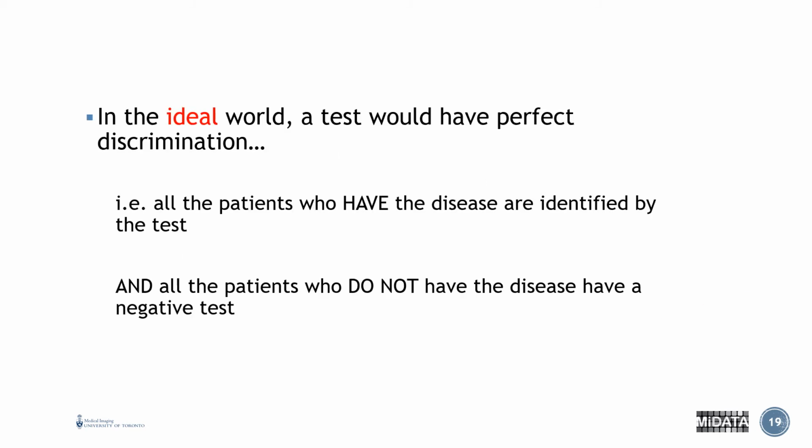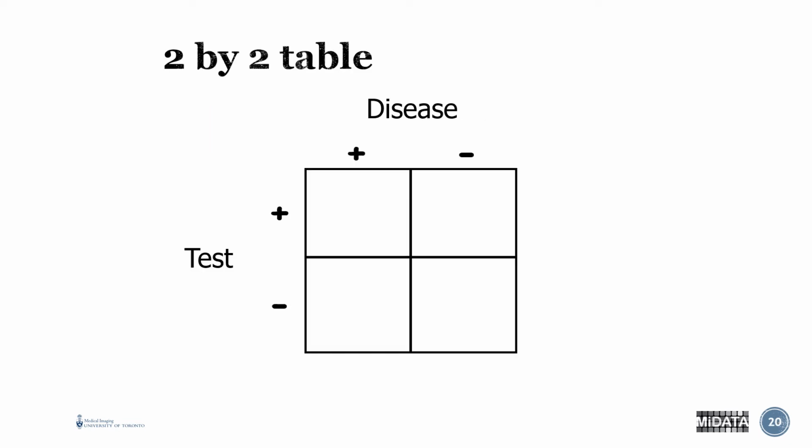All right, let's get back to some stats. So in the ideal world, a test would have perfect discrimination. All patients who have the disease are identified by the test, and all the patients who do not have the disease have a negative test. Now here is the familiar 2x2 table.